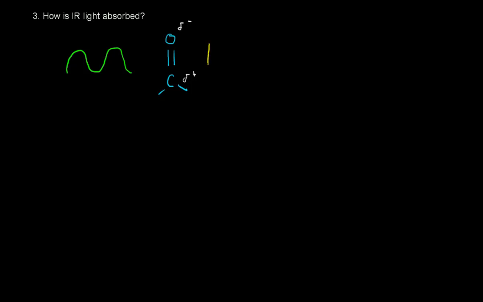So as the infrared energy is absorbed, the dipole begins to vibrate. And that is really all you need to know about how this light is absorbed. What's critical here is that there must be a dipole. So for IR light to be absorbed by a bond, there must be a dipole.